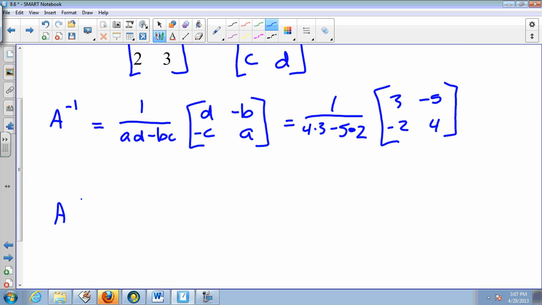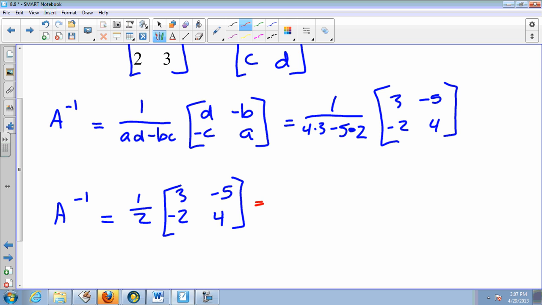So A inverse is 1/2 times 3, negative 5, negative 2, 4. That is the scalar. It is now multiplying everything. So A inverse is 3/2, negative 5/2, negative 1, 2.